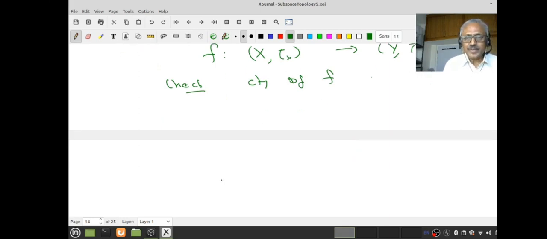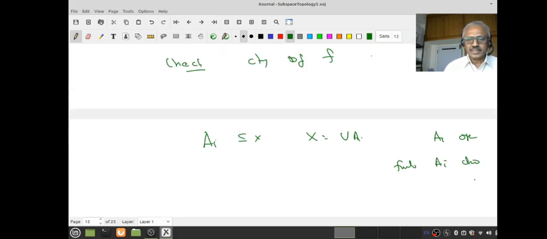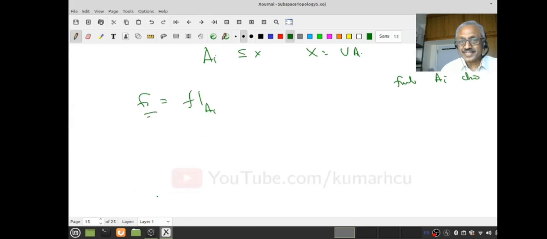Then what may happen is you may be able to find a family A of subsets of X such that X equals the union of A, so that all A's are open, or the family is finite and A's are closed. Then restrict f to A, call it fi. So if I check the continuity of fi, then I would have checked the continuity of f. Do you see that? We are again checking piecemeal.